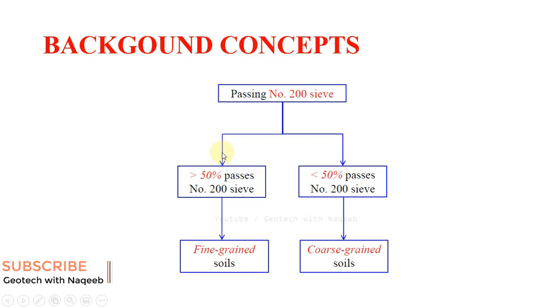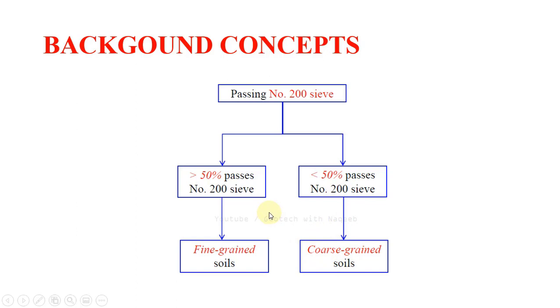If the material passing through sieve number 200 is more than 50%, then the soil is termed fine grained soil. And if the material passing through sieve number 200 is less than 50%, then the soil is termed coarse grained soil.